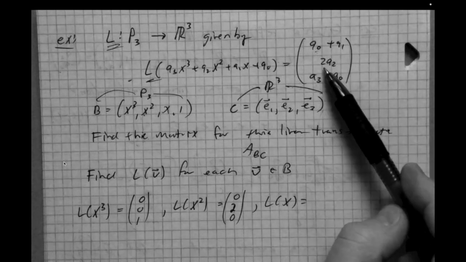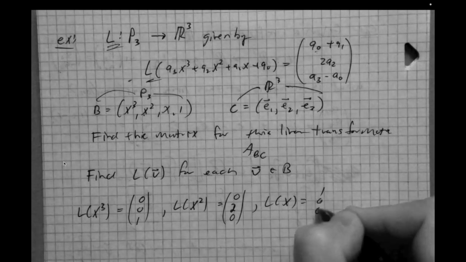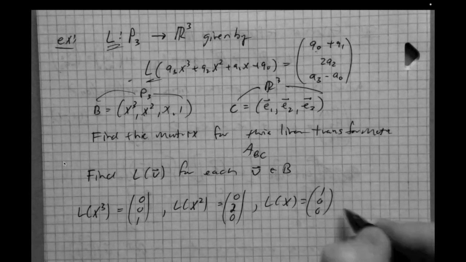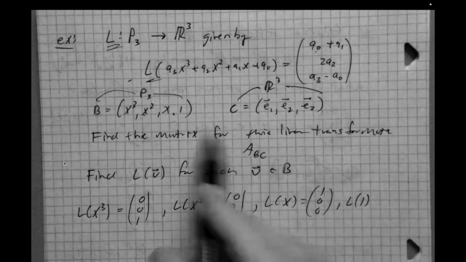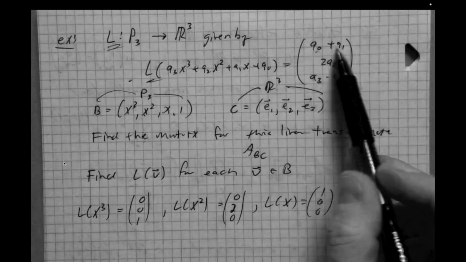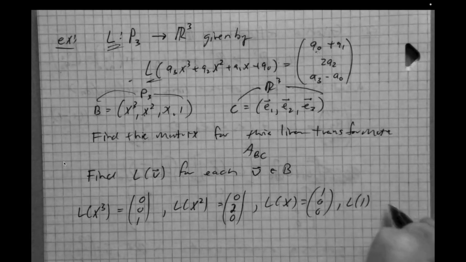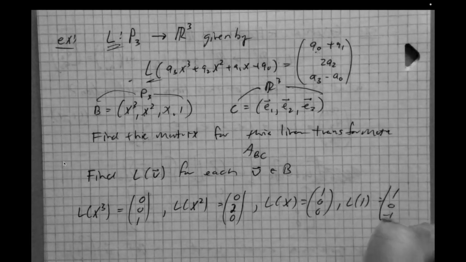So 0 plus 1, 2 times 0, 0 minus 0. That'll be 1, 0, 0. And finally, the last basis vector is just 1. So I get 1 plus 0, 2 times 0, 0 minus 1. So I get 1, 0, negative 1.